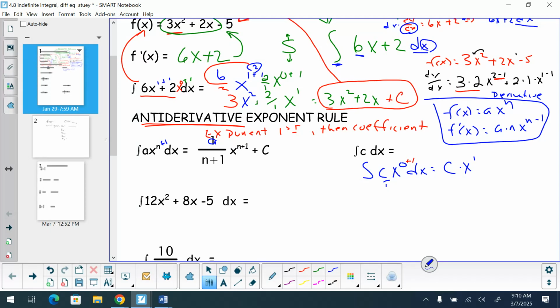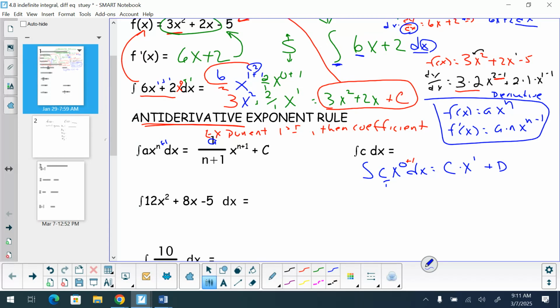Once again, we're just following the rule of adding: we have a constant times x to the 0th power, we add 1 to the 0, which is 1, and we divide our constant by the 1. And we have some other constant we add to it. We can use any letter we want there.